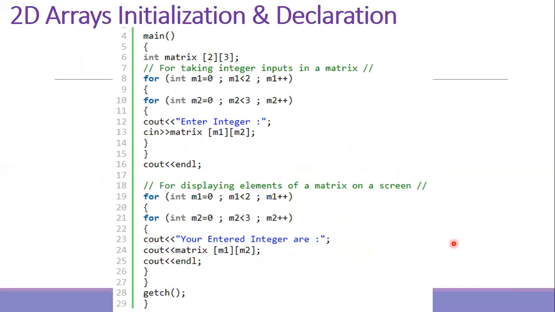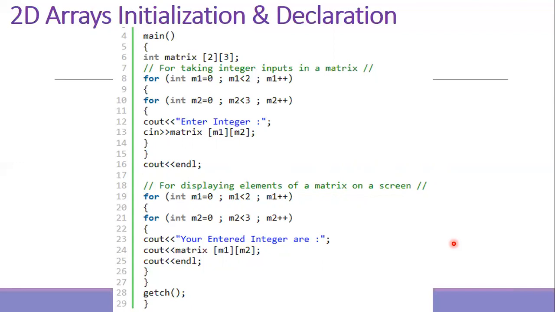Here is the example for 2D array initialization and declaration. As we have already discussed that we use nested loops to perform any operation on 2D arrays.